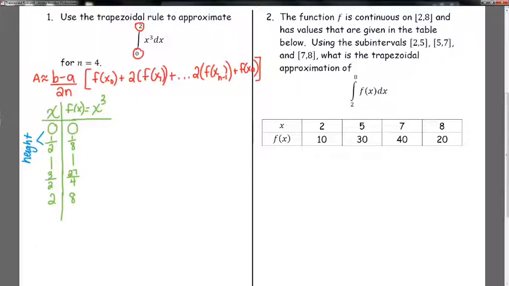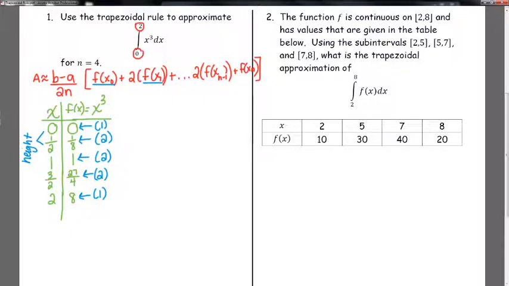So when I talk about my bases, my averaging of my bases, B1 plus B2, this right here is my first y coordinate, which is 0. My f of x of 1, that means my second y coordinate, is this guy right here, 1/8, and so forth. So for all the middle y coordinates, we are doubling. That's why I'm going to put that little times 2. The ends we're only leaving as multiplying by 1 itself.